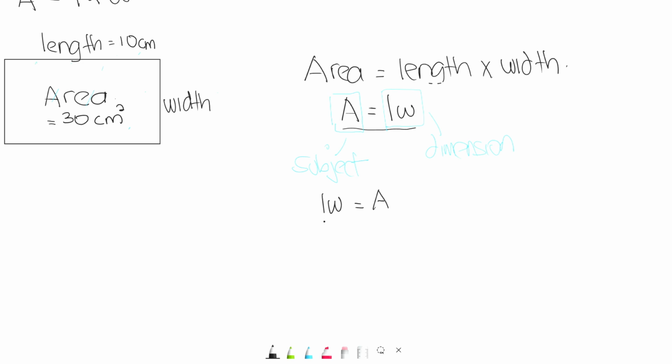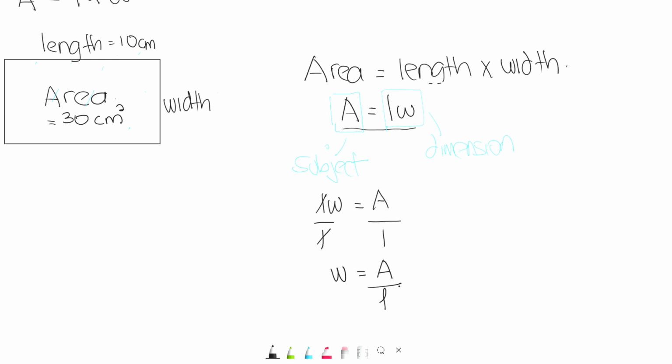If we use the equality method, I'm going to divide this by L, and then divide this by L. Remember, this is an equation. Whatever I do on the left, I must also do on the right. So L divided by L cancels out, and I'm left with W. So now it becomes W equals A over L.